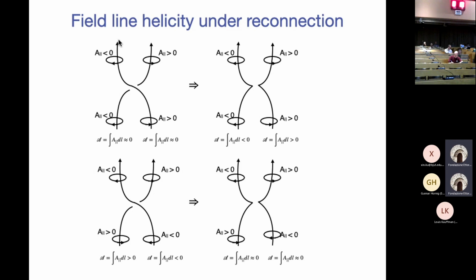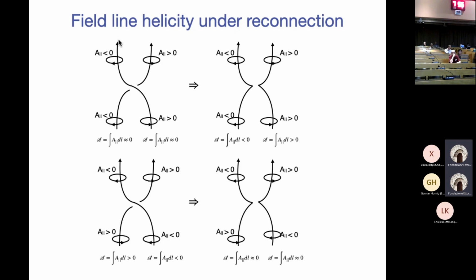Right? I could reconnect that field line with another one, which is of similar nature. This time I have negative twist down here, and positive up here. Again, the field line helicity of this field line is something close to 0.